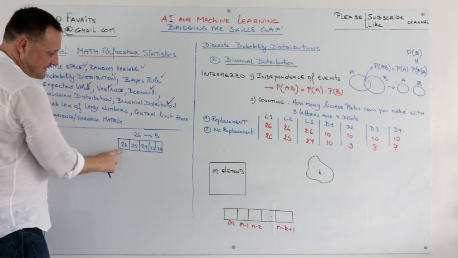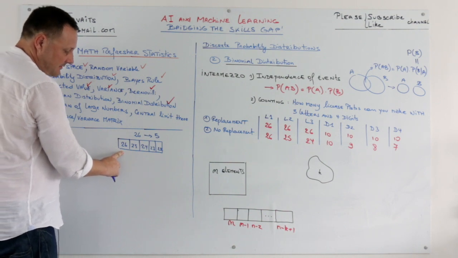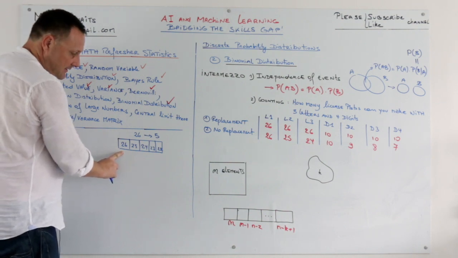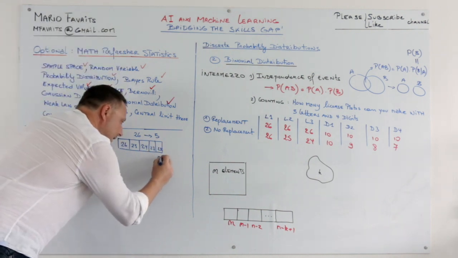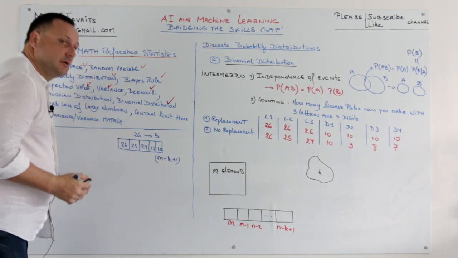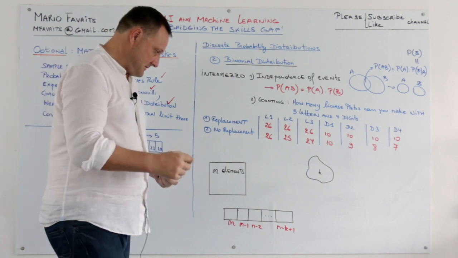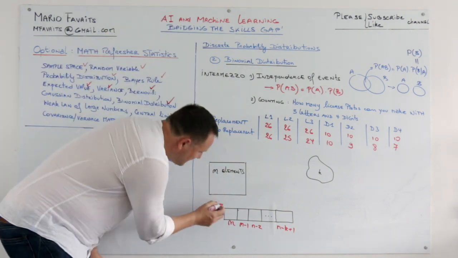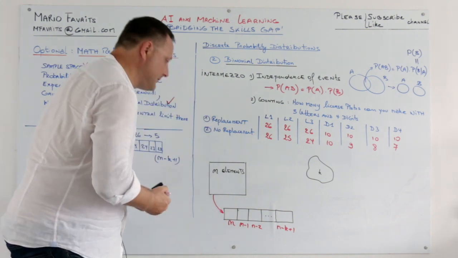See, from 26 I have to subtract 4 and not 5. So this 22 is n minus k plus 1. That's how I get to this. So this is my first way.